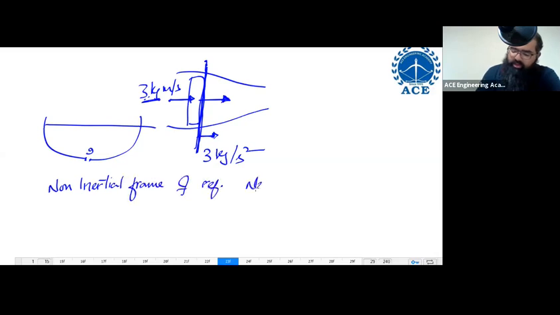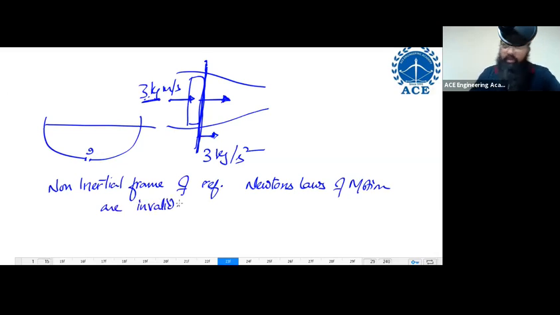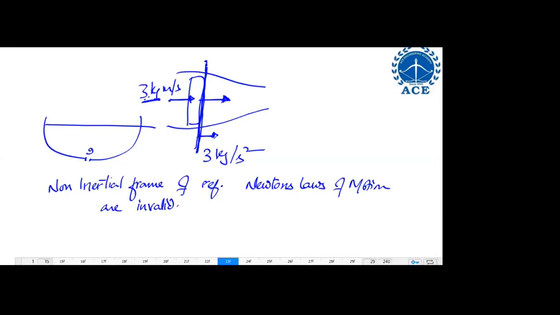If these become invalid, automatically the equation of momentum also will become invalid, because the equation of momentum comes from Newton's second law of motion. Is it fine? Okay, sir. Thank you.